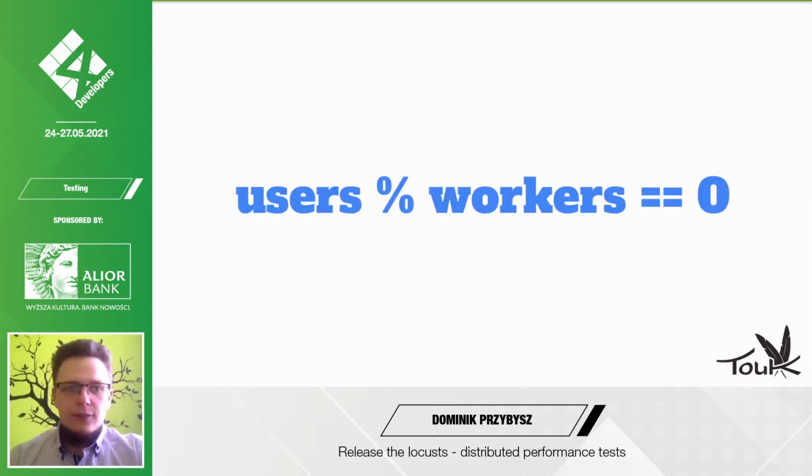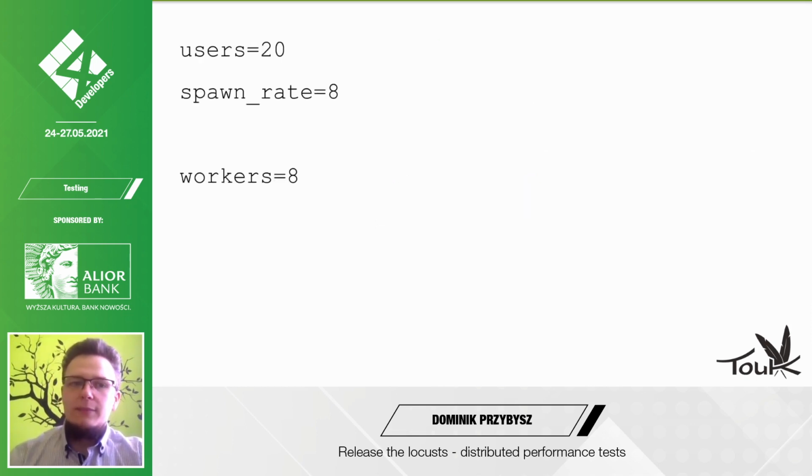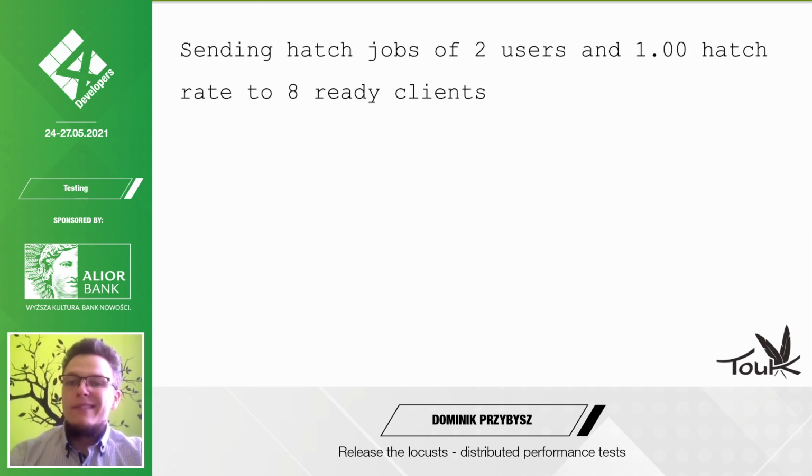Okay, another piece of advice: the number of users should be equally divisible by the number of workers. What does it mean? If you have 20 users, you want to run them with spawn rate equal to 8 on 8 workers, then you will see that the master will tell you that it will run 2 users on 8 ready clients. And if you quickly calculate those numbers, you will see that it's 16, not 20.